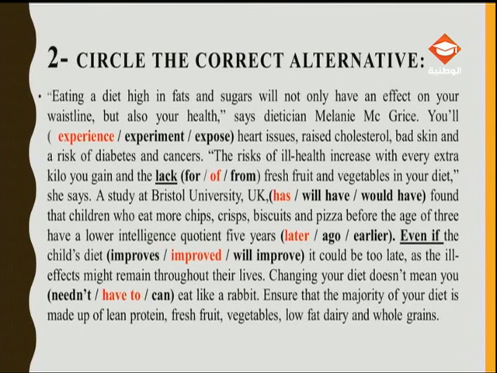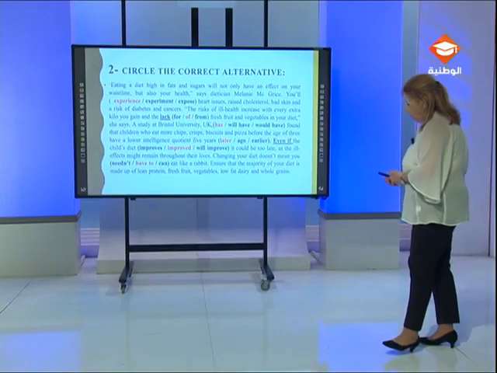Of course, this is wrong. You have to, this is obligation, okay? You have to eat. This does not mean that you have to eat like a rabbit. Ensure that the majority of your diet is made up of lean protein, fresh fruit, vegetables, low-fat dairy, and whole grains. I hope it was clear.